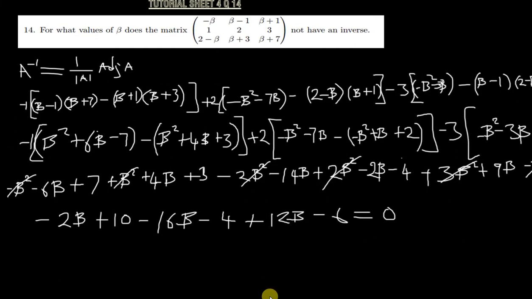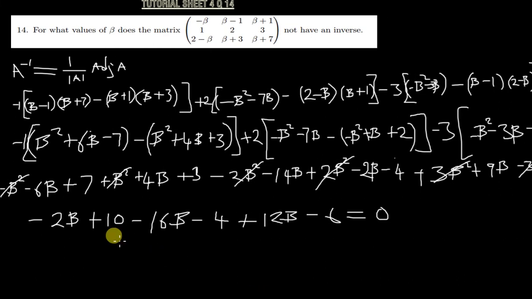So here what we're remaining with is just simplifying. So this negative 2 beta, then minus 16 beta to be negative 18 beta plus 12. So you have negative 18 plus 12, you get negative 6. Negative 6 beta.